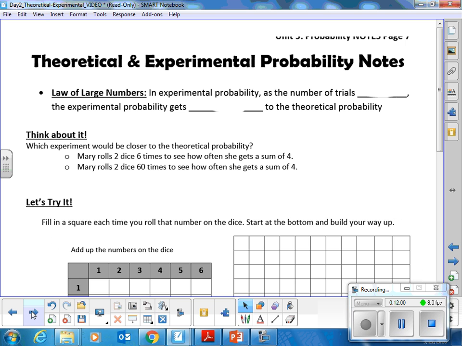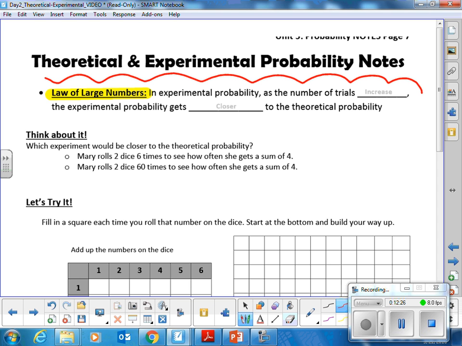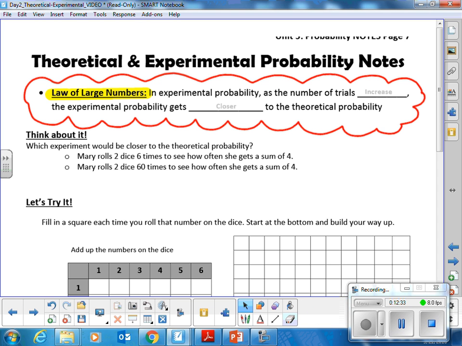So the last thing that we're going to talk about, and this is what you have to know, is this law right here, the law of large numbers. In experimental probability, as the number of trials increases, the experimental probability gets closer to the theoretical probability, and you have to know this. So basically what that's saying in a nutshell is the higher the number of times I'm doing something, the closer I'm going to get to what should happen in theory.